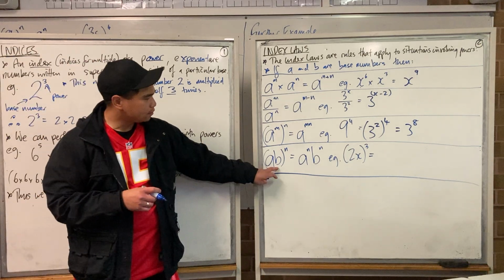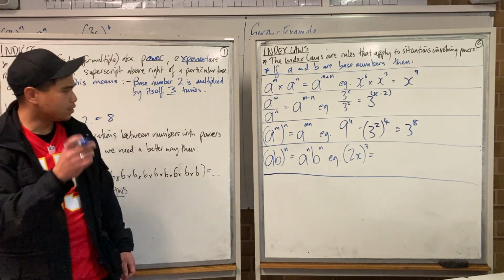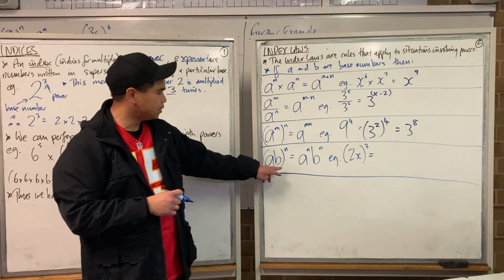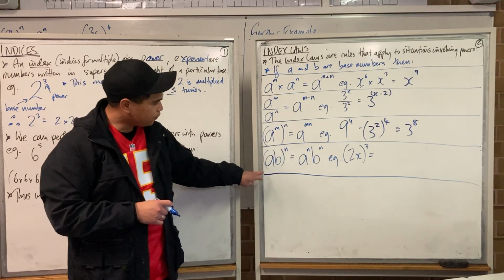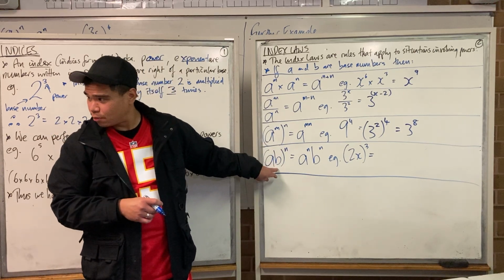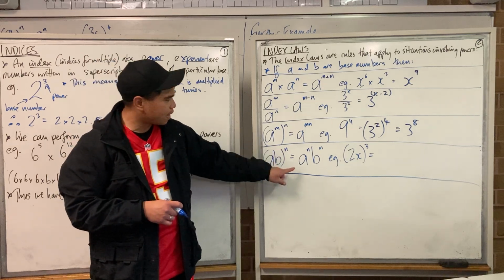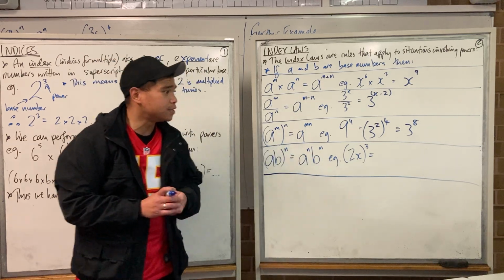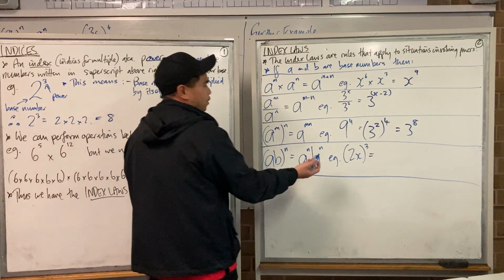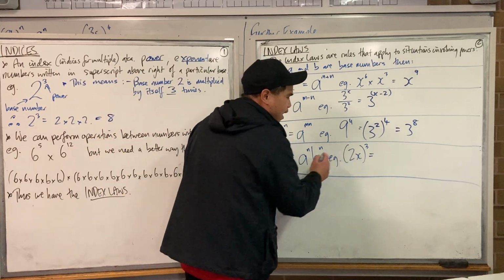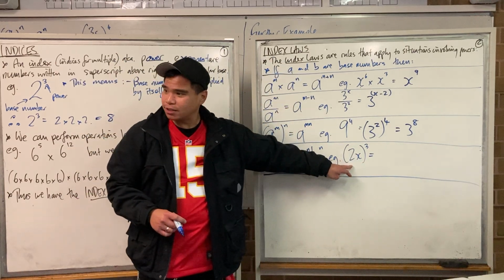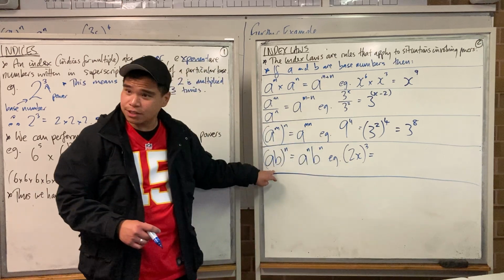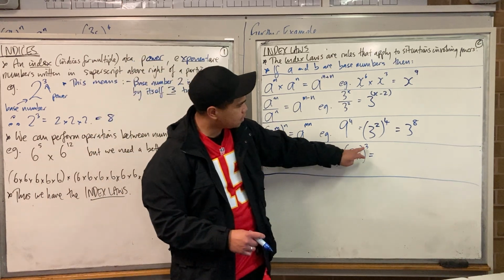This one here, I always use the meme. If you watch the videos on the playlist, I always use the meme, saying it's like COVID. If you've got two numbers multiplied by each other in the brackets, raised to a power, that power spreads. It spreads to both. Okay? So, what is the sign between 2 and x in these brackets? Multiplication. So we have this situation. So what happens to that 3 power?